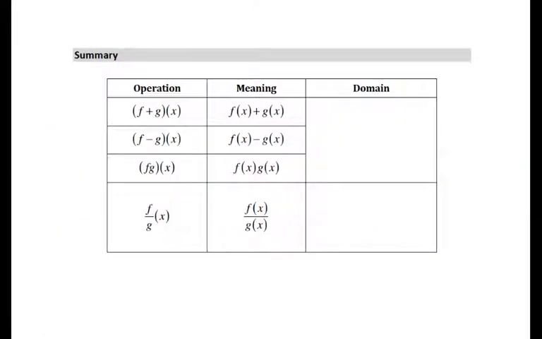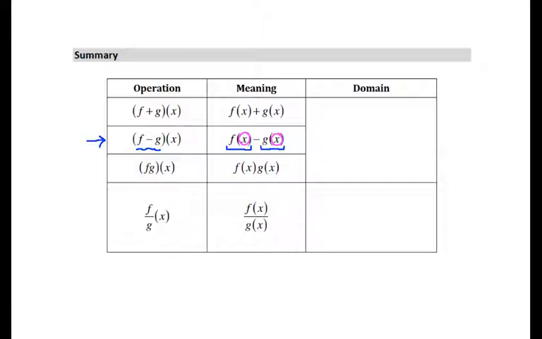So the example we just looked at was subtraction, but all four main operations work in essentially the same way. We say that we can create a new function f minus g, which in this case was profit, by taking the results of f of x and g of x and simply subtracting them, so that we apply the same x, right? This is the same x as this.